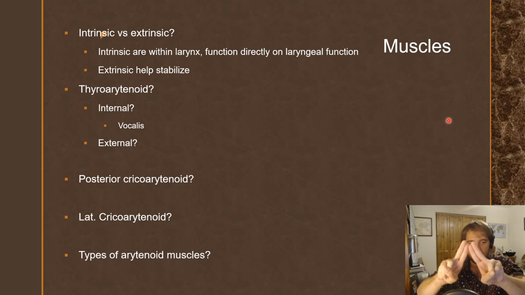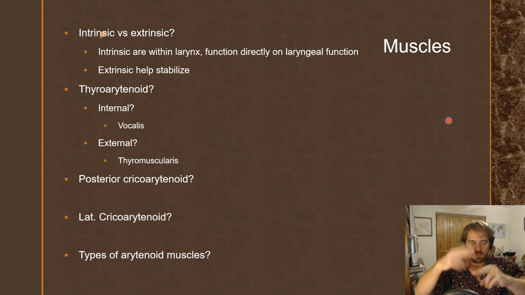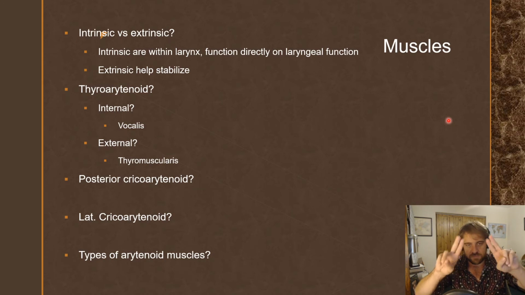So if we have the thyroarytenoid muscle, and then the vocal ligament is right here and right here, then these are the vocal folds. And this internal portion, that's the vocalis, and the external portion is the thyromuscularis out here. This is a little bit more important, but the internal part is the vocalis. They're both important, but in terms of questions on the exam, the vocalis is more important.